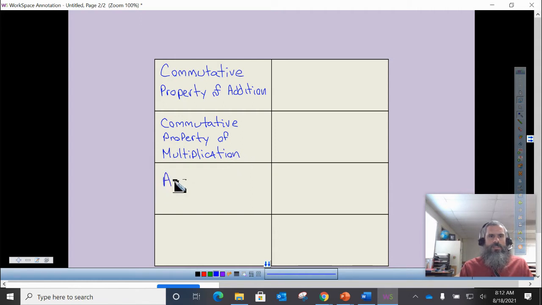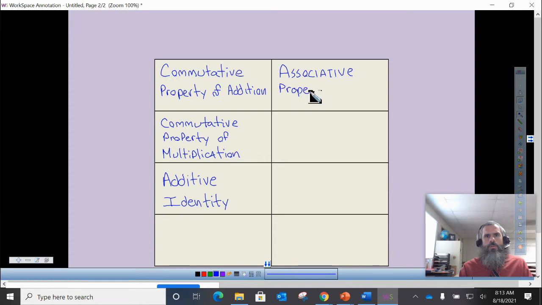We have the additive identity. We have the associative property of addition. We have the associative property of multiplication.